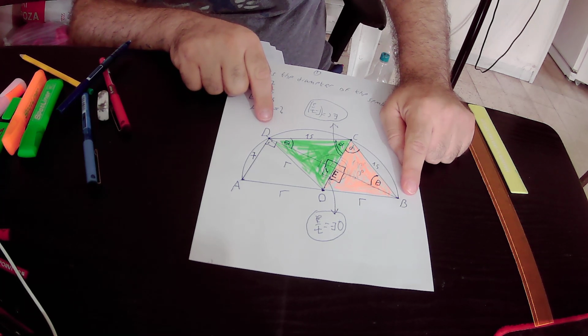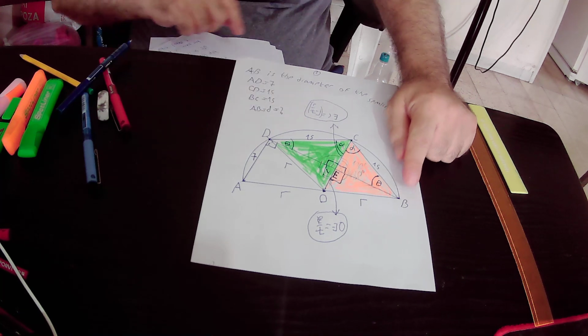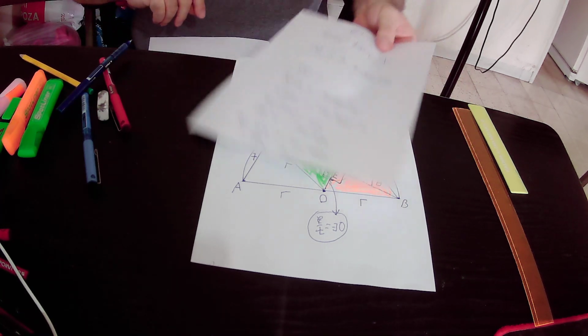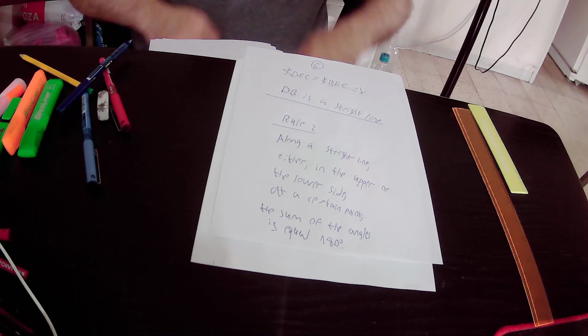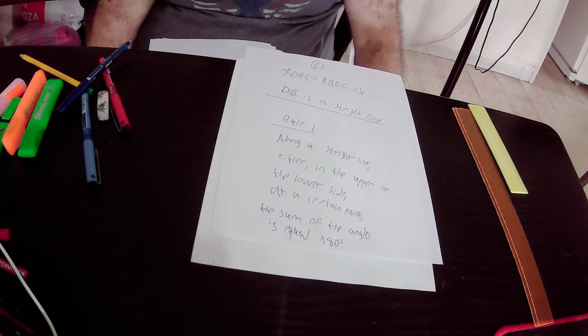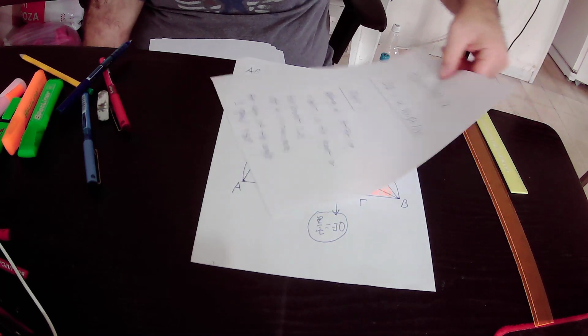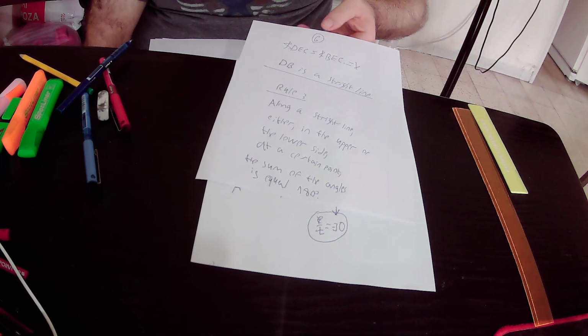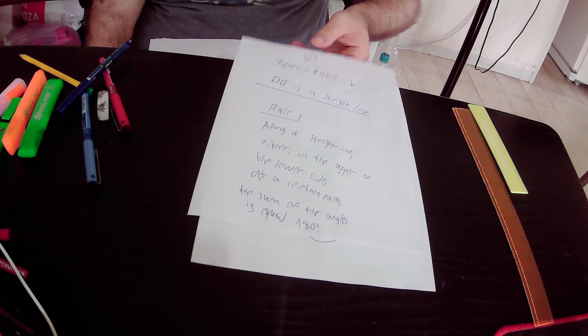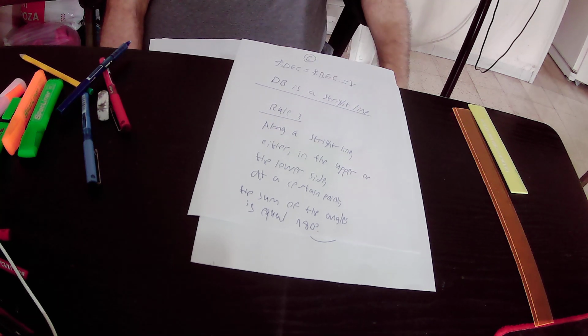And we have rule number 3 that states that along a straight line, either on the upper side or the lower side, at a certain point, the sum of the angles is equal to 180 degrees.